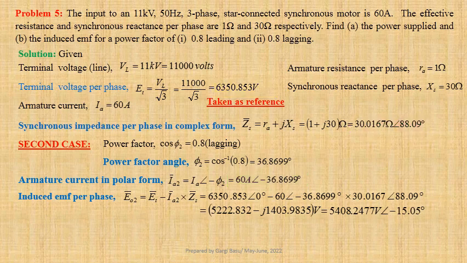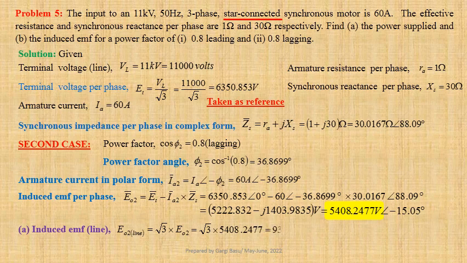Since the armature winding is star connected, line to line induced EMF E02 line equals root 3 times E02, that is root 3 into 5408.2477, which gives us 9367.4 volt or 9.3674 kilovolt.